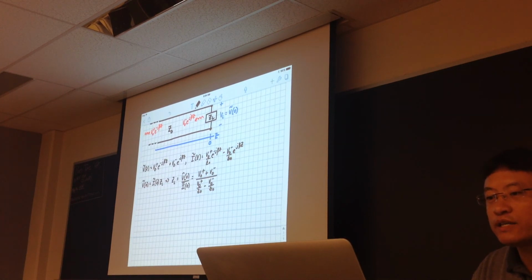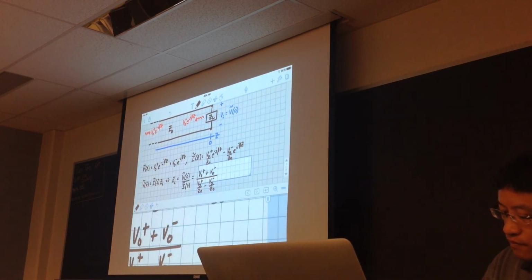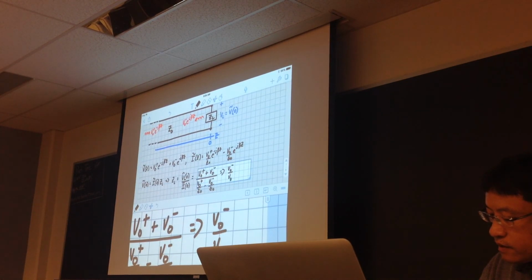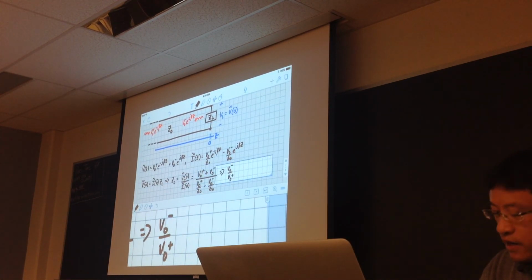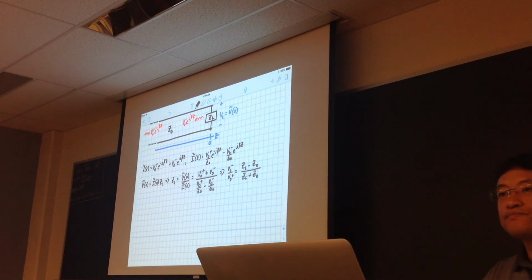I can solve for V0 minus divided by V0 plus, and my algebra says that this is Z load minus Z naught divided by Z load plus Z naught.